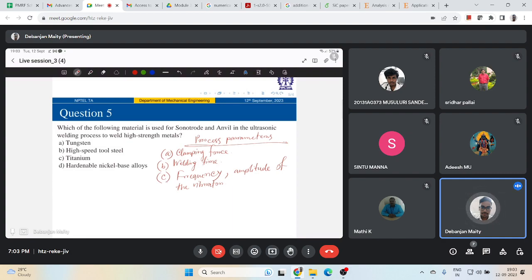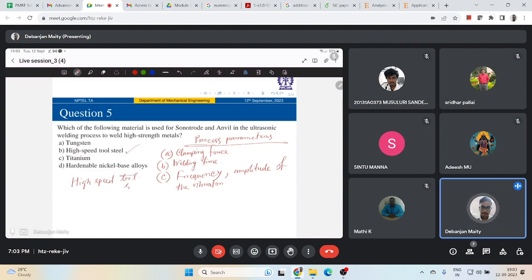Now, in terms of the sonotrode tip and anvil material, what materials can you use? You can use high speed tool steel.